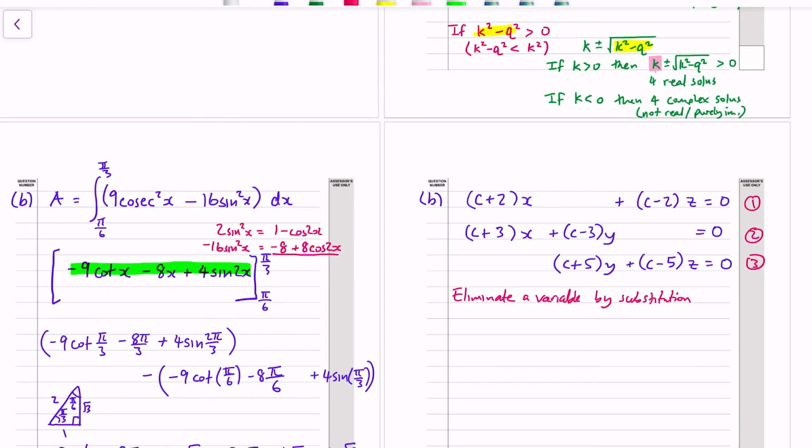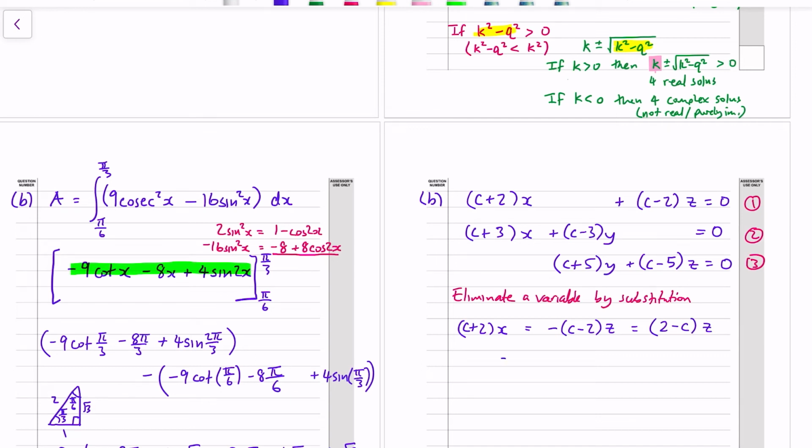If I take equation 1 and rearrange it, I've got c plus 2 times x equals negative c minus 2 times z. My 2 looks like z there, so make sure you put a line with the z. If I just distribute the negative, that's going to be 2 minus c times z.